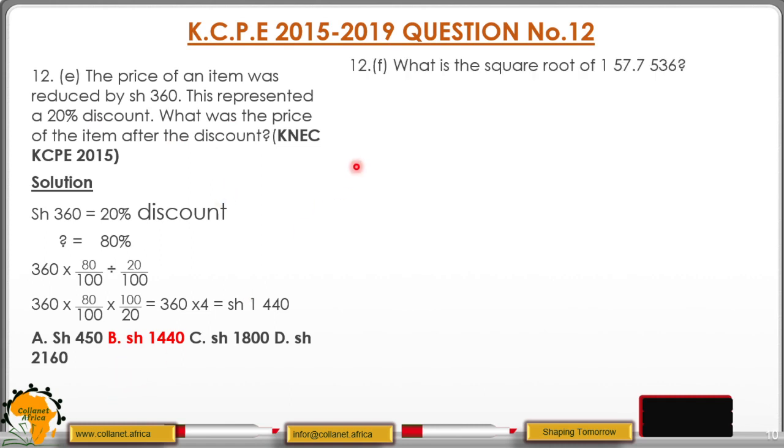That is the price. So F, what is the square root of 157,536? This one is just to make the concept of square root easier and clearer. So, solution. This is how you write it down, because we have how many decimal places? 1, 2, 3, 4. So you divide by 10,000.